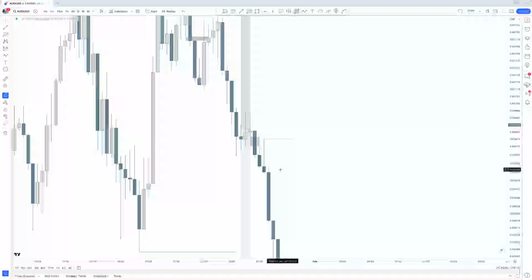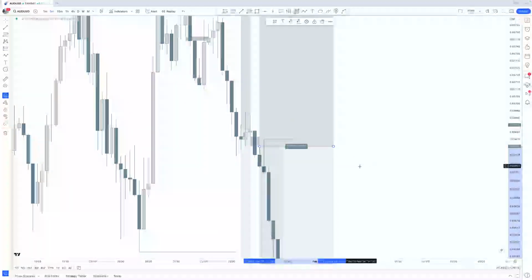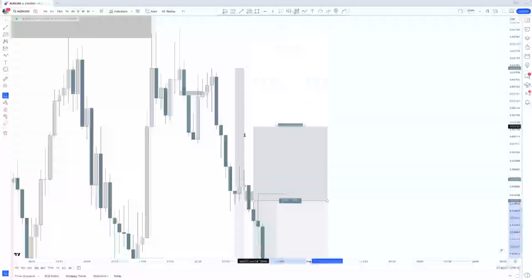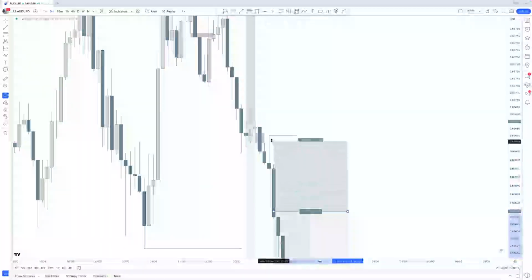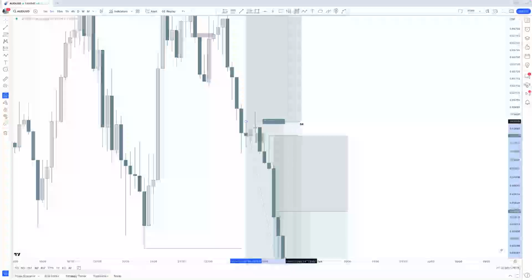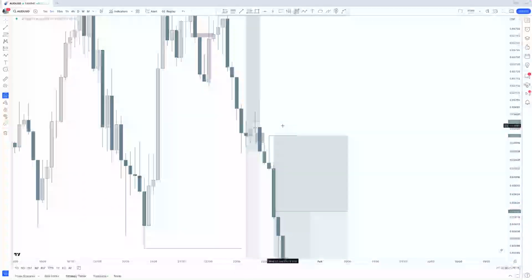That also creates another entry opportunity in your market maker sell model. And whenever the stop loss of those new opportunities is below the original entry that we had, then there's no reason for price to return anymore. Meaning, we can allow ourselves to go break even.